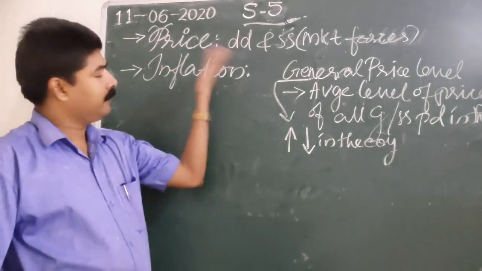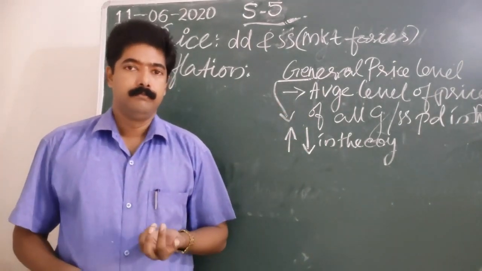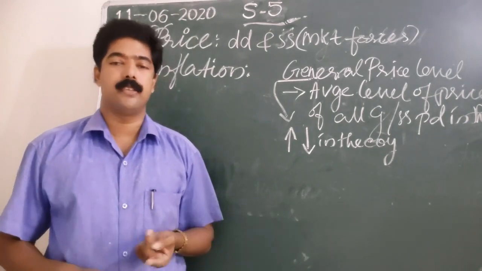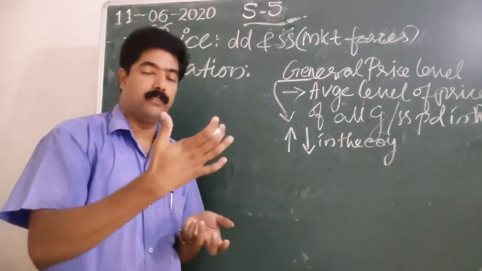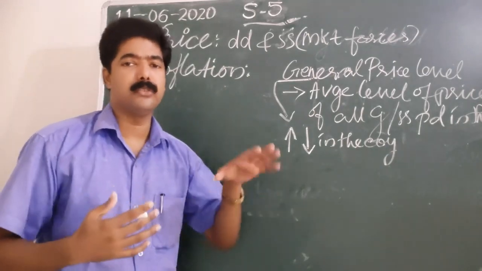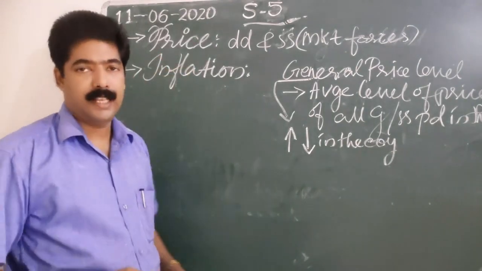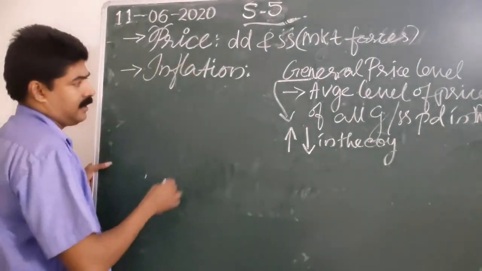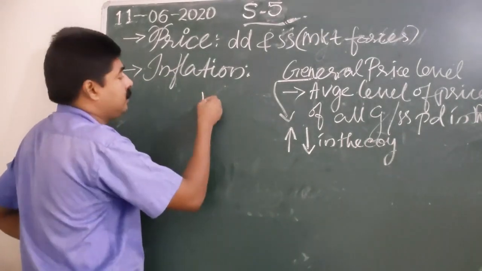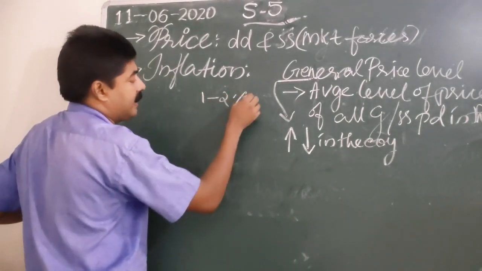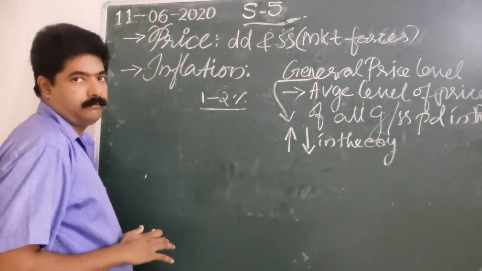There are many types of inflation, like crawling inflation, walking inflation, running inflation, and galloping inflation. Crawling is a very slow growth rate. In a particular financial year, if the inflation rate increases by, say, 1 to 2% in a year, it is crawling, a very slow movement.